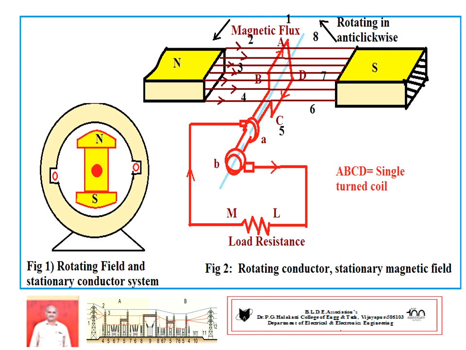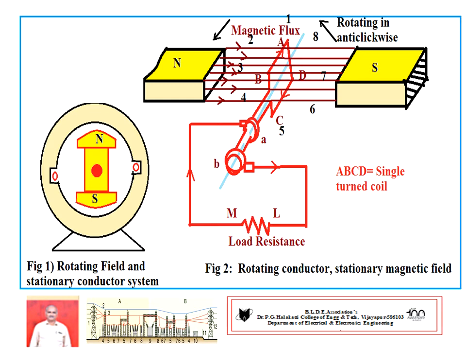As shown in figure 1, out of these 2 field systems, you see the conductors are fixed, whereas the other system, the magnetic field, is rotating. In the second figure, the magnetic field is fixed, conductors are rotating.